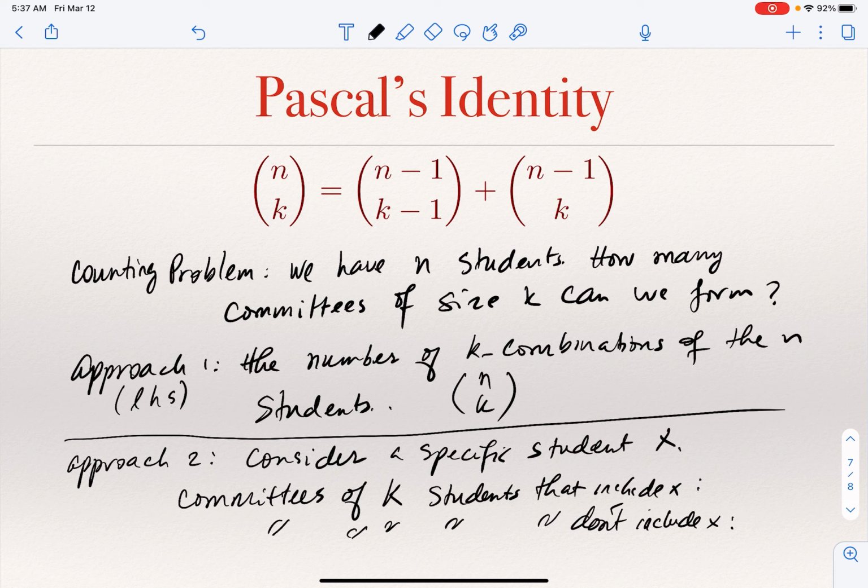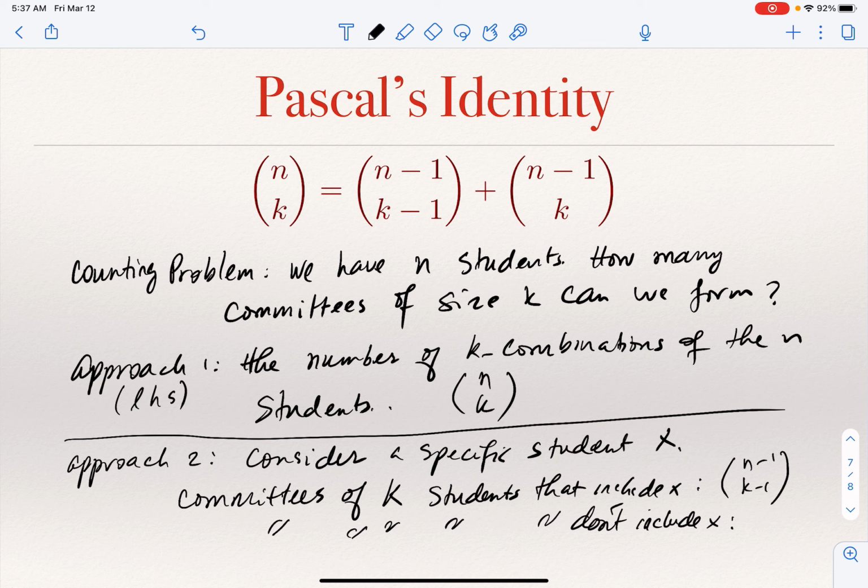For committees of k students that have X in them, if X is one of the k students in the committee, then I need to find k minus 1 students from the remaining n minus 1 students, because I have already taken student X as one of the k students.